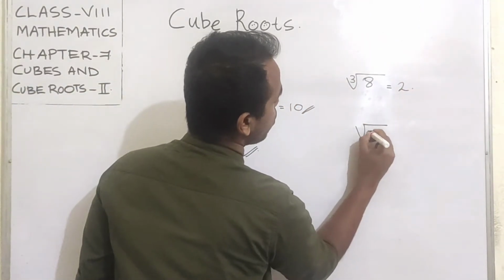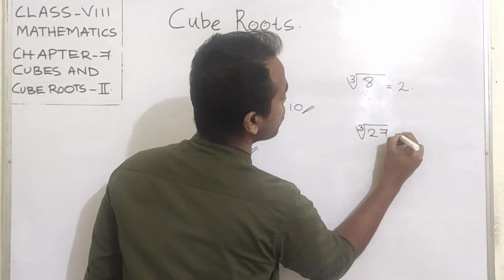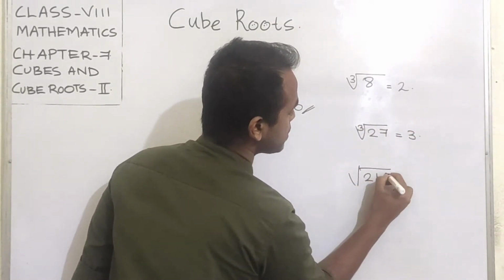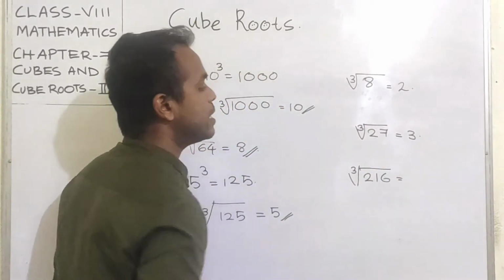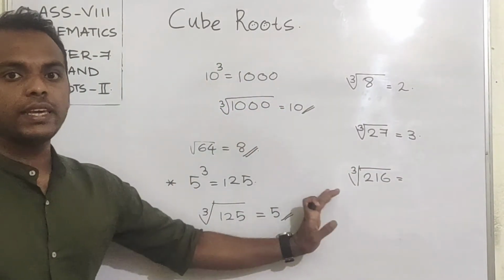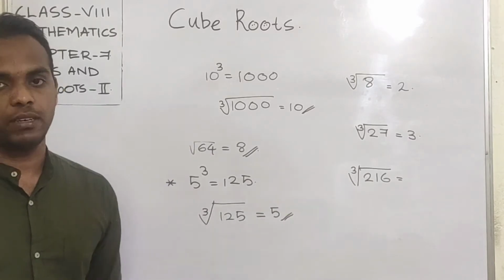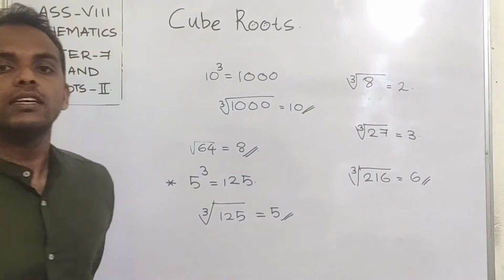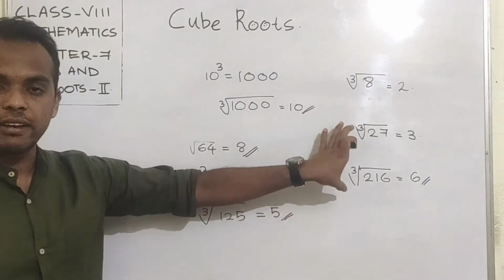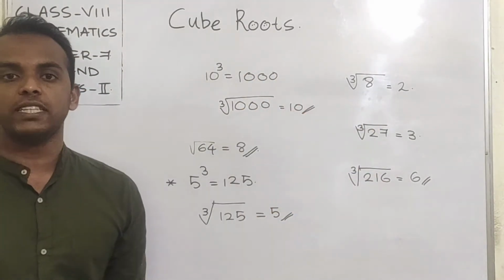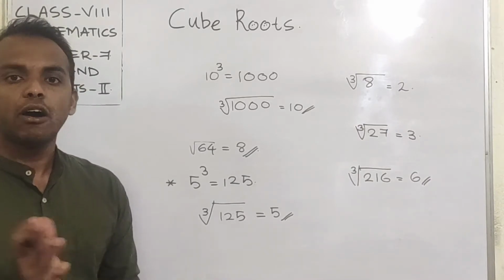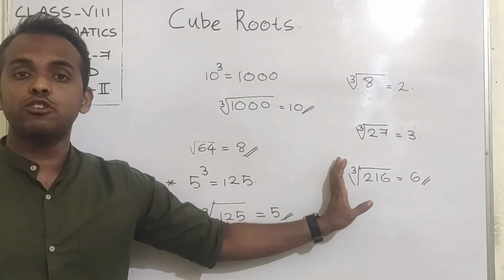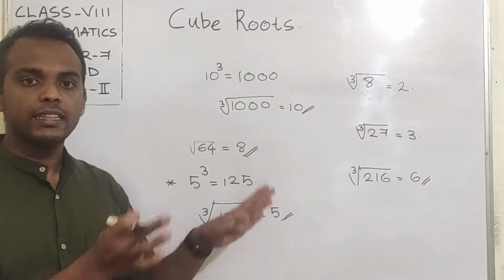Then cube root of 27 is 3. Then cube root of 216 is 6. So that's the conclusion. We can find the cube root of any perfect cube. Now you will be thinking how to find cube roots of bigger numbers. Let's see that also.